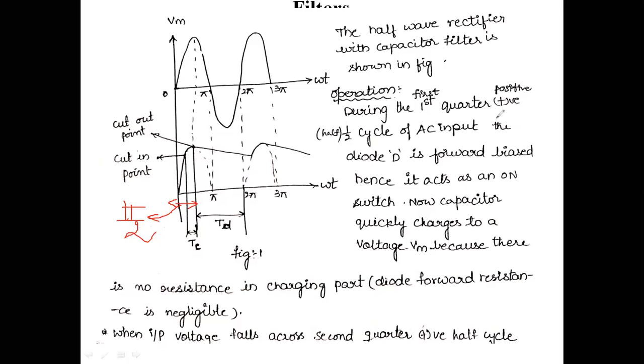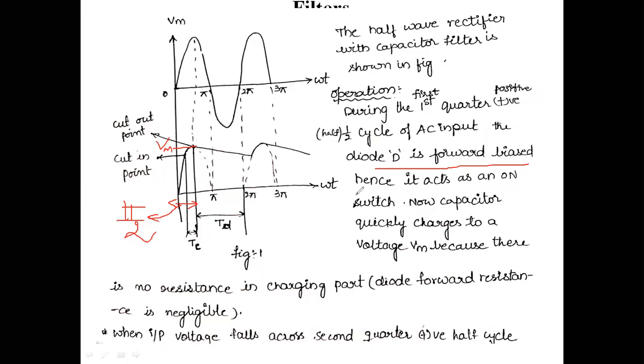During the first quarter of the positive half cycle of the AC input, the diode D is forward biased, hence it acts as an on switch. The capacitor quickly charges to the voltage Vm.